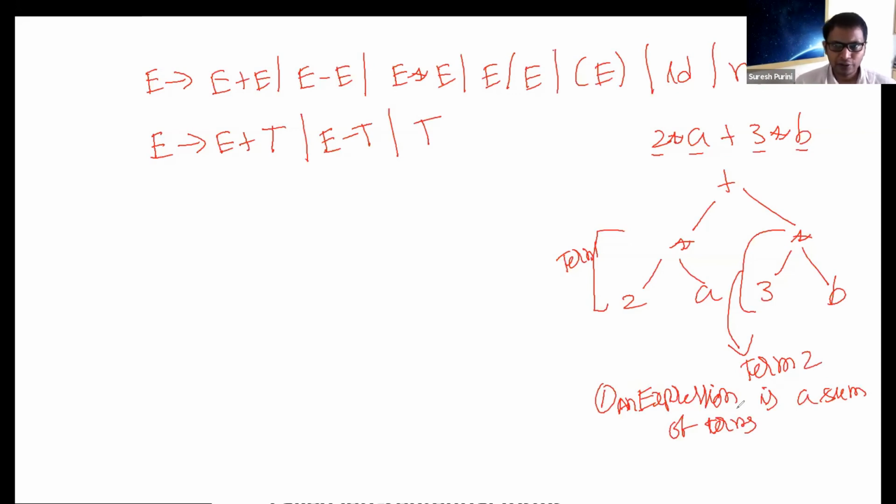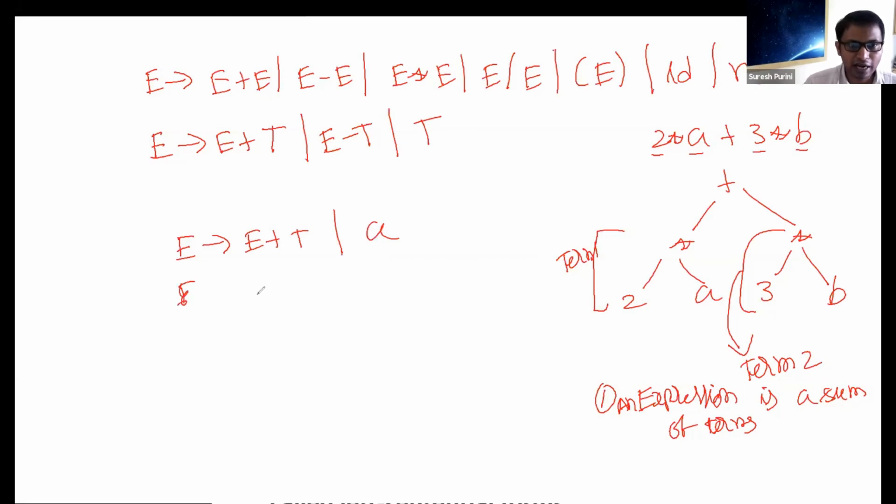And here, there are two ways of writing this: E goes to E plus T. Let's take a simpler example. E goes to E plus T, or A, so this is one grammar.